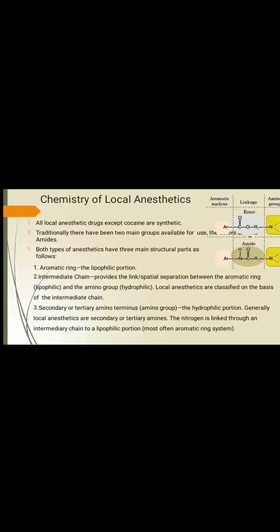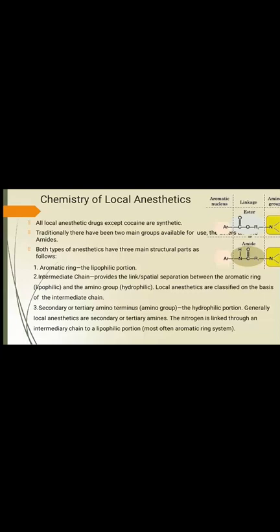Both these types of anesthetics have three main structural parts. Number one, the aromatic ring, which is lipophilic, or we can say hydrophobic in nature. Second, the intermediate chain, or linker. This provides spatial separation between the aromatic ring and the amino group, which is the hydrophilic group. Local anesthetics are classified on the basis of the intermediate chain.